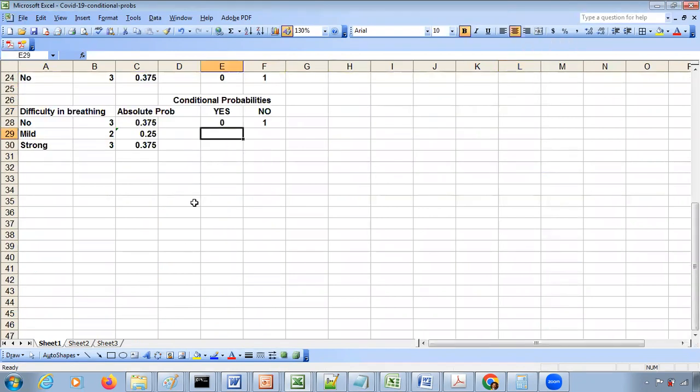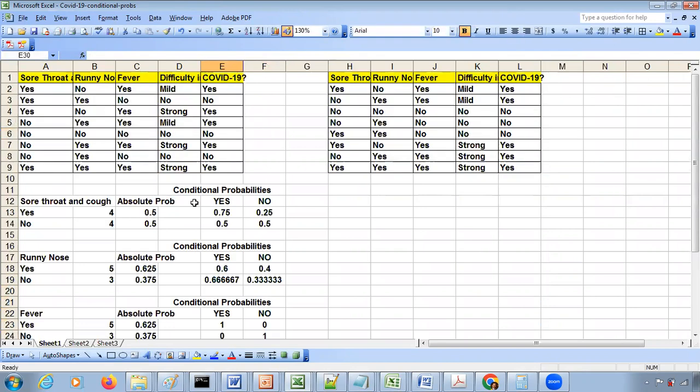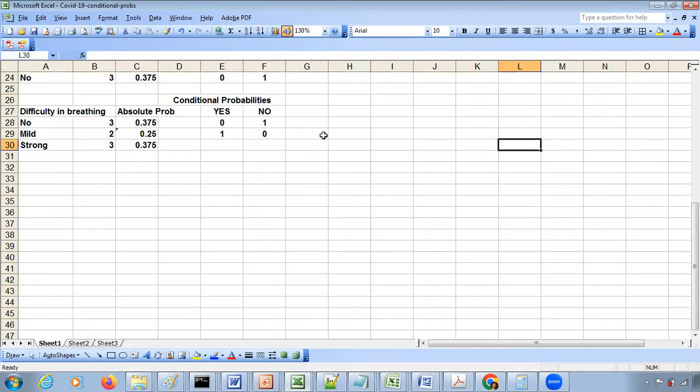So that's going to be 2 over 2, and this is going to be 0 over 2. Out of the strong cases, all the 3 strong cases have S for COVID. So that's going to be 3 over 3, and this is 0 over 3.